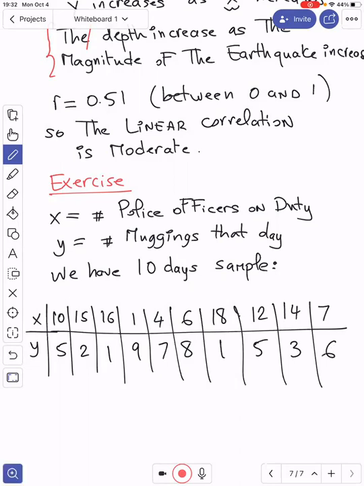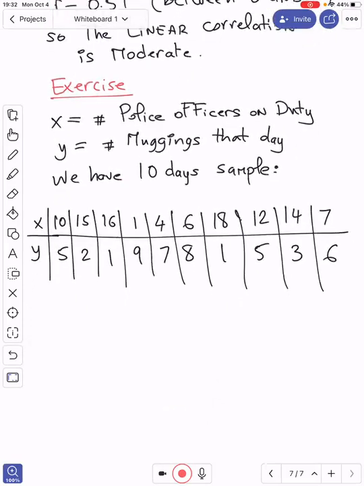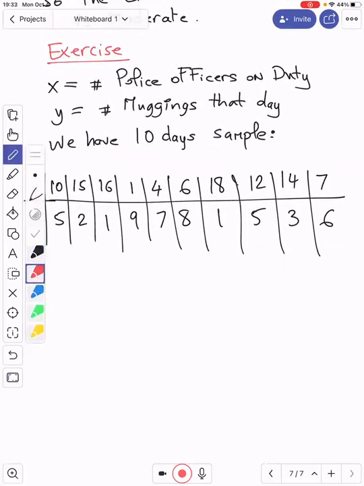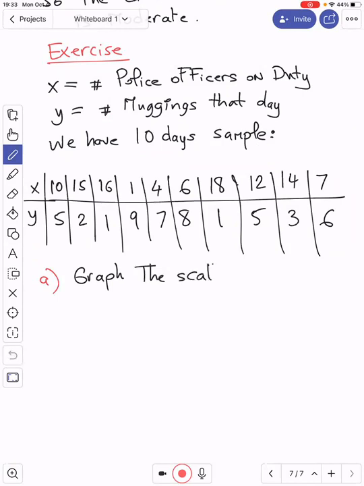Okay. First question, question 1, we need to graph the scatter diagram. Okay.